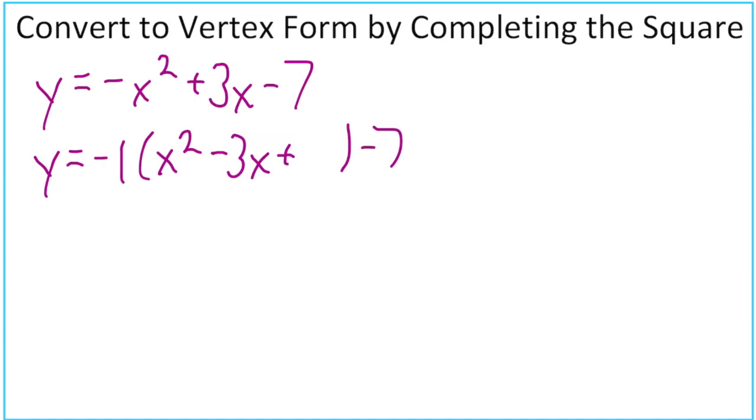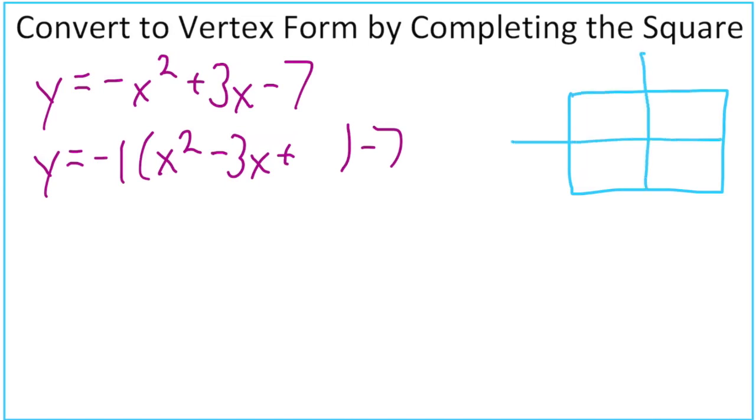So now we are ready for our generic rectangle. And this time we have fractions involved, because we're going to actually take that negative 3x and divide it by 2. So our x squared goes here. And then what I like to do is, I don't mind the fractions.